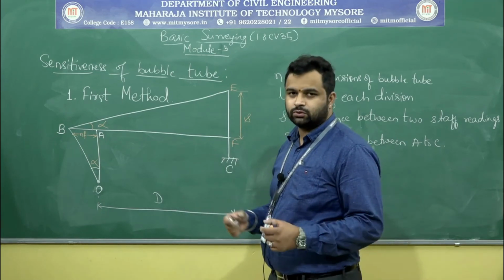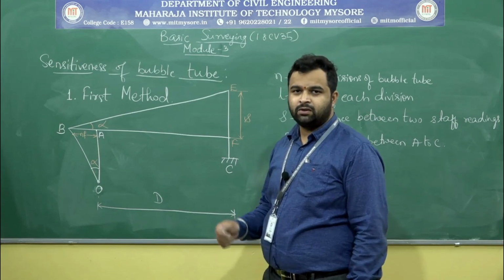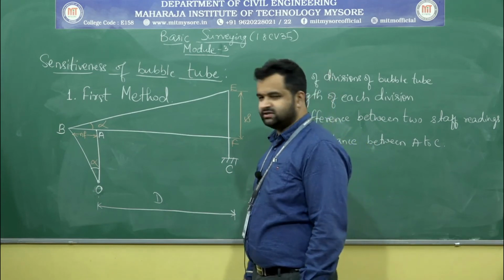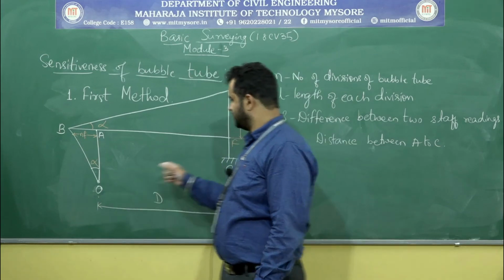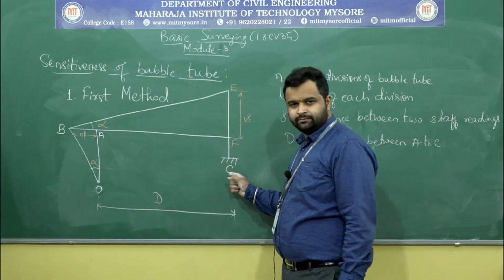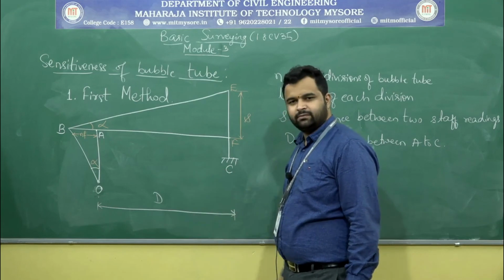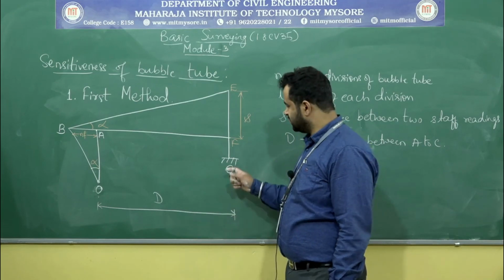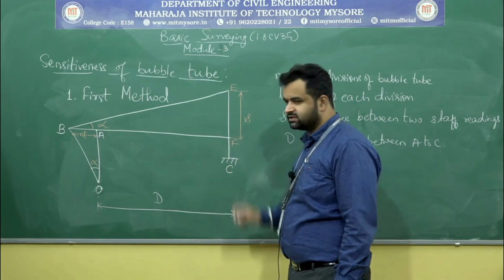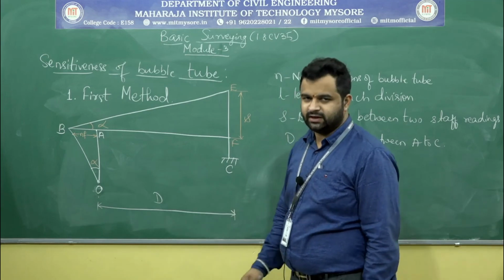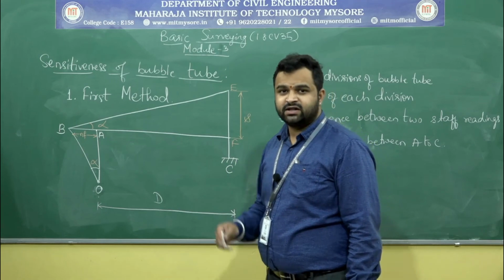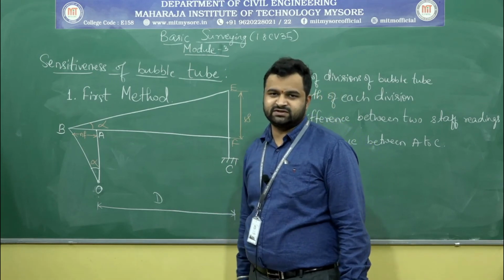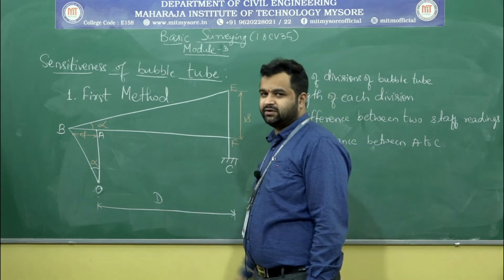Next, using foot screws, deviate the bubble over n number of divisions. Second step is sight a staff kept at C at a distance D from point O, let the staff reading be CF. Next, using a foot screw, deviate the bubble over n number of divisions and again sight the staff.